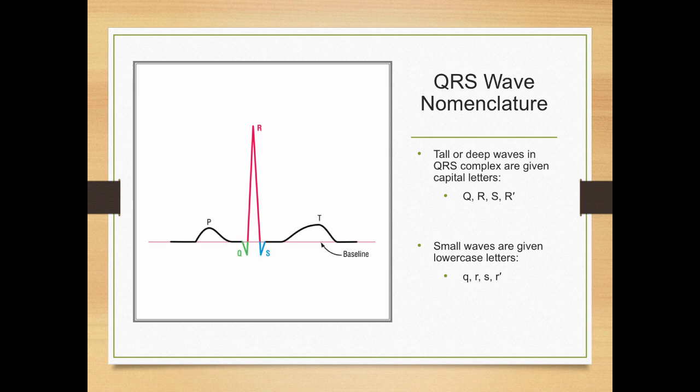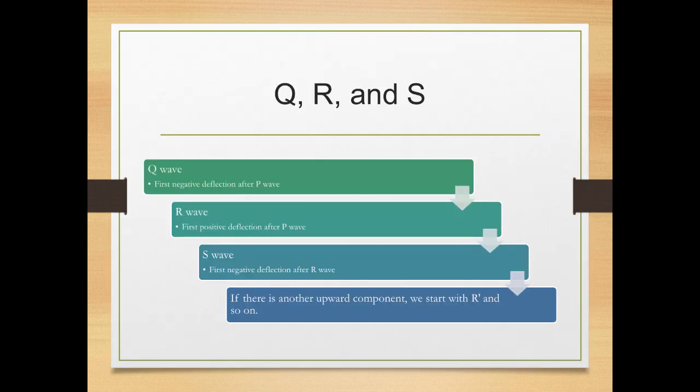What makes a Q an R or an S, whether it's uppercase or lowercase, or an R prime, or an S prime, or a Q wave is the first negative deflection after a P wave. Always. That is the definition of a Q wave. It's the first negative deflection after our P wave.